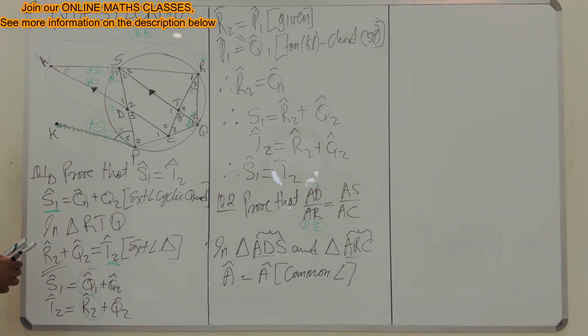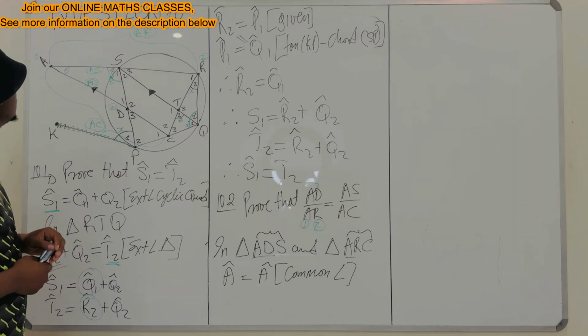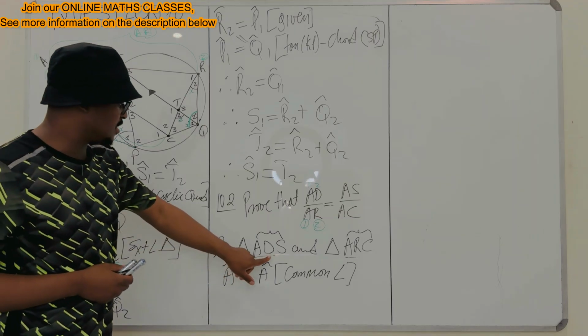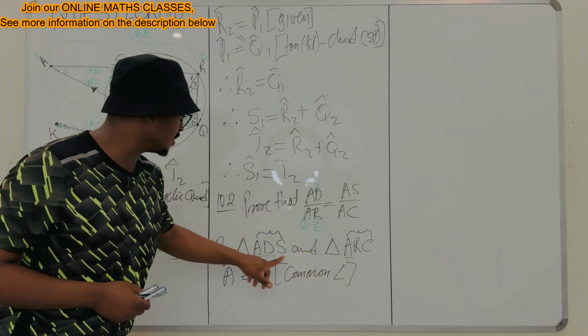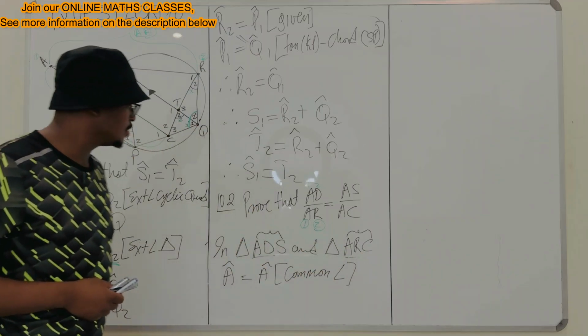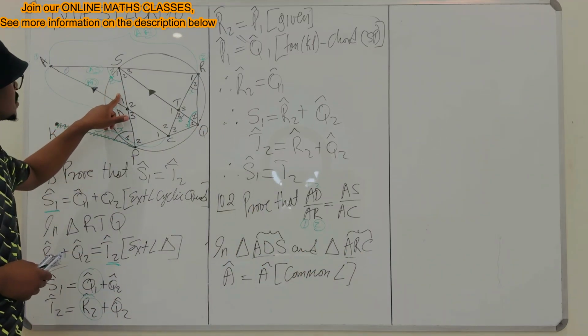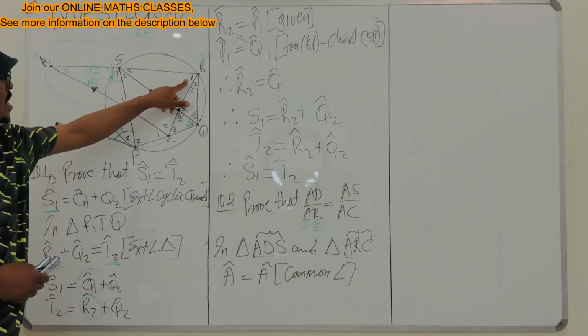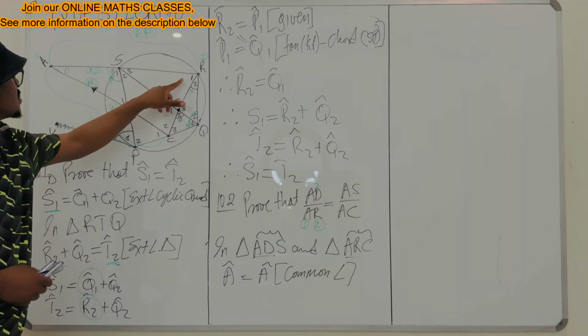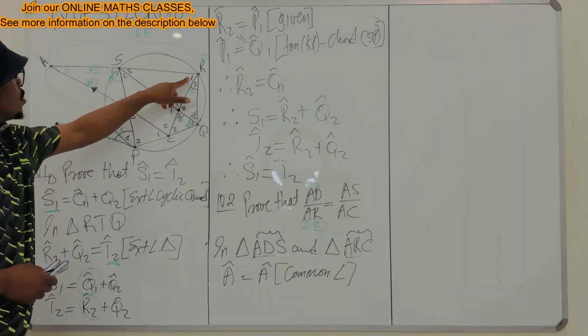Fine. No problem. So now, what we can try to do maybe is to show that angle D is equal to angle R, or angle S is equal to angle C. Where's angle D? Angle D is this. Angle R is that. I didn't use any of these two things. I don't remember using this or that.